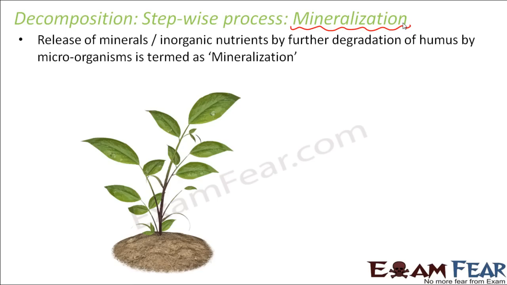So release of minerals or inorganic nutrients by further degradation of humus by microorganisms is called mineralization. So in short, you can say formation of minerals. Now what are minerals? Minerals could be any inorganic constituents. For example, there can be macronutrients or micronutrients like nitrogen, phosphorus, sulfur.